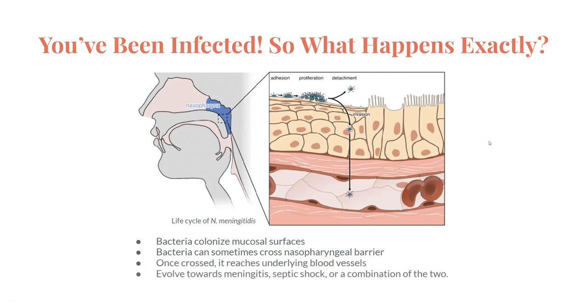From there, it does evolve towards meningitis, and the big difference between the viral and the bacterial is that in the bacterial, you can develop sepsis. So it will go towards meningitis, septic shock, or a combination of the two. And then the growing bacteria invades the body, and it does induce destructive inflammatory responses, particularly if it does cross that blood-brain barrier in the membrane surrounding the brain and the spinal cord.